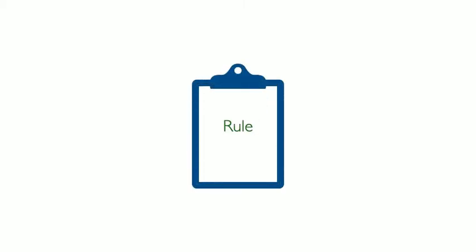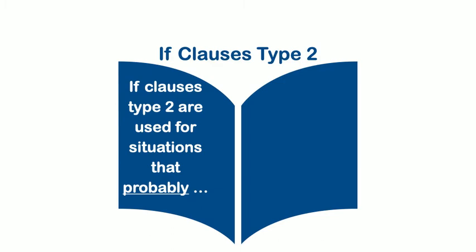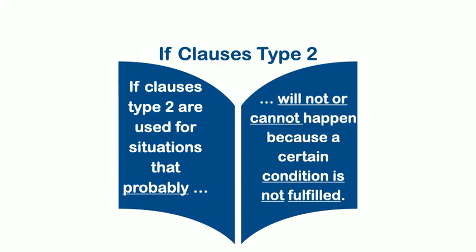And we will take a look at the general rule for if clauses type 2 now. If clauses type 2 are used for situations that probably will not or cannot happen because a certain condition is not fulfilled.